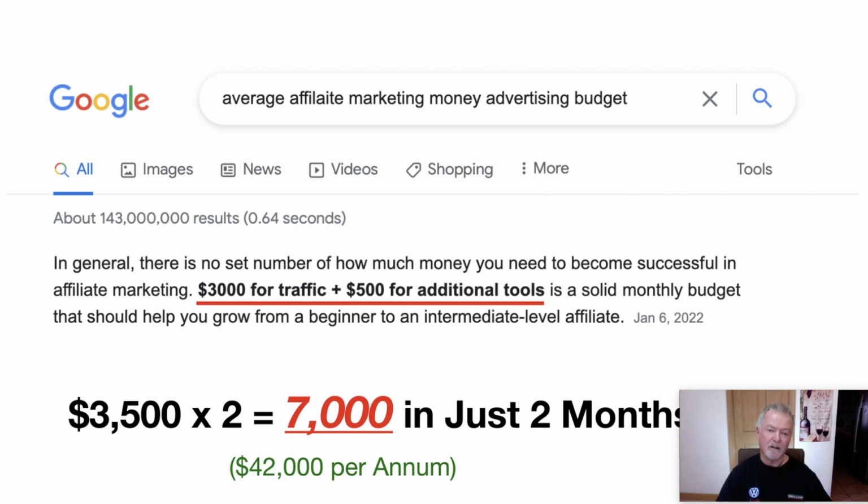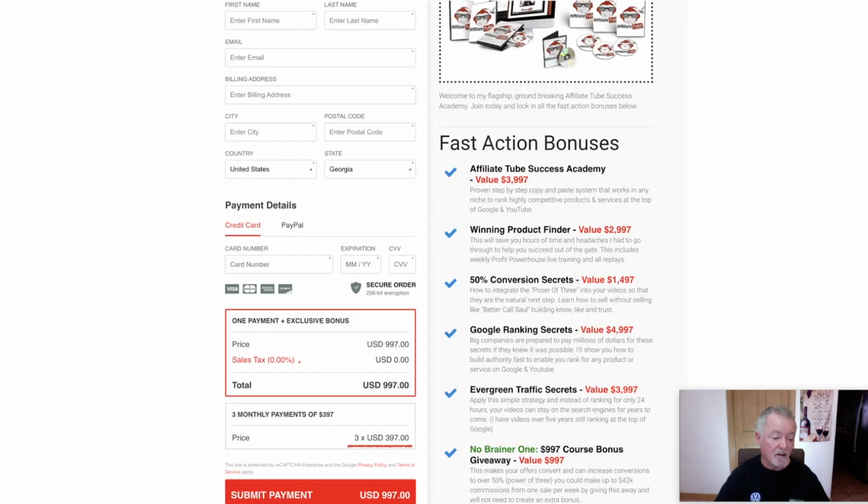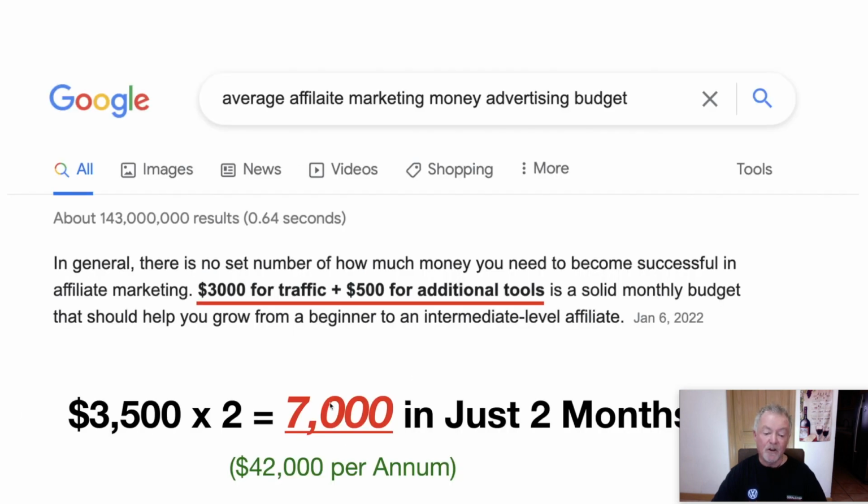Because if you're going to be spending $300 to $3,500 a month, in the same period it's going to cost 3 payments of $397 or 1 payment of $997, you're going to pay $7,000. You're paying a fraction and guaranteeing the first page of Google and YouTube, and doing it with ads.